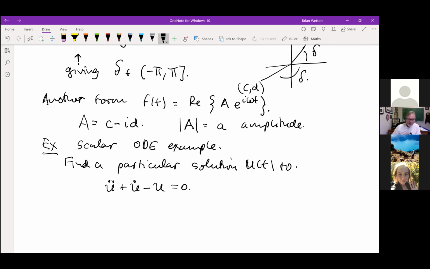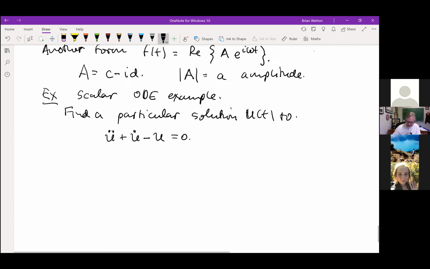Okay, and I want to make a point here that I've been making a few times with assignment questions, but let's hammer it home in this setting. As a little bit of an aside, we're going to find a particular solution, right? Let's as an aside find the homogeneous solutions.